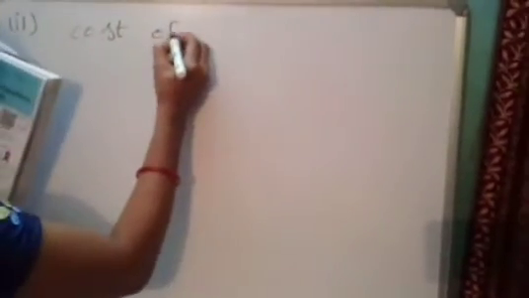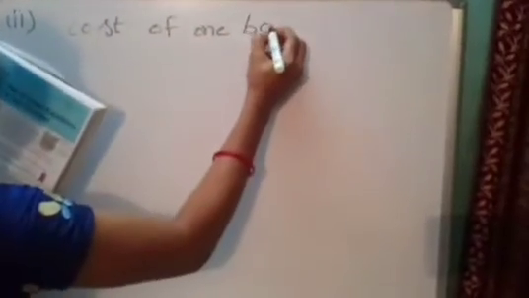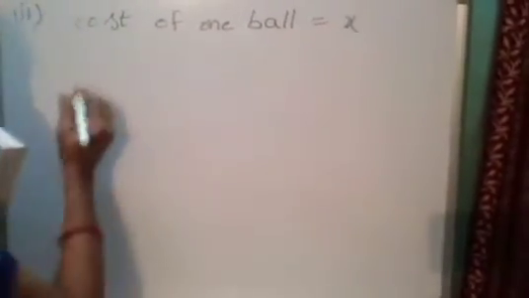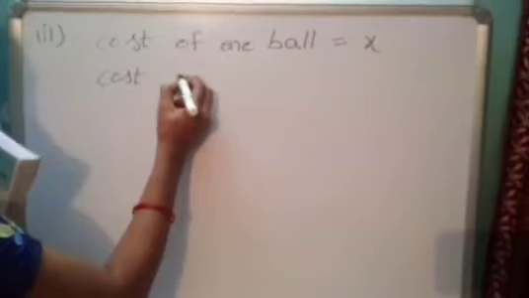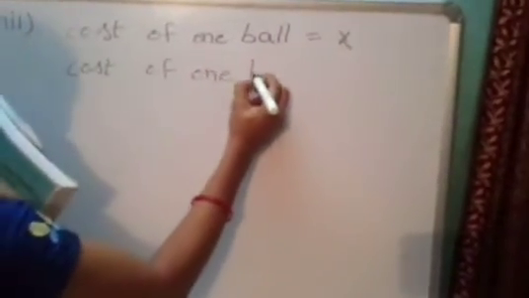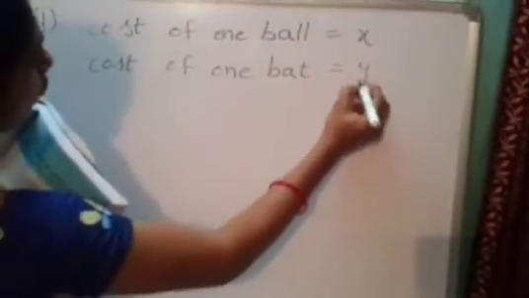First, cost of 1 ball equal to x. Cost of 1 bat equal to y.